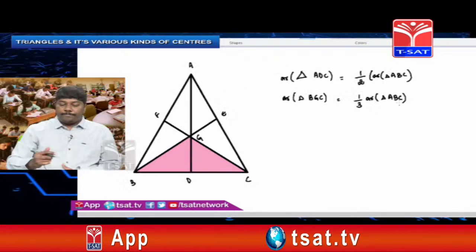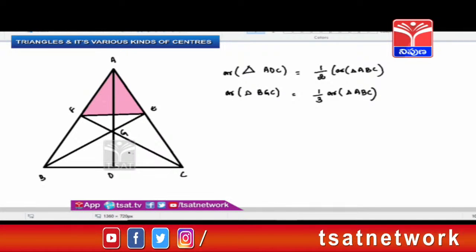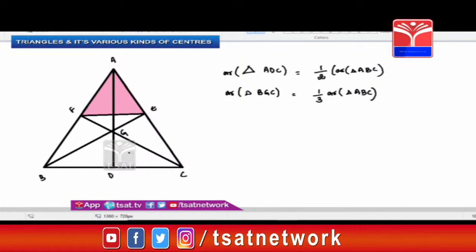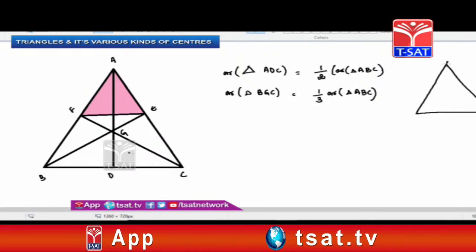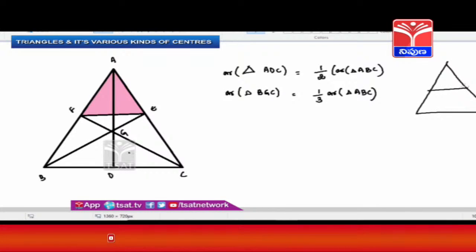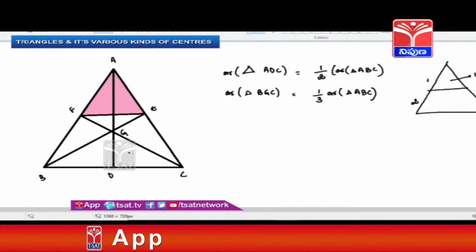Now take the triangle AFE. Now here E and F are midpoints, therefore triangle AFE. According to the midpoint theorem, we know the line joining two midpoints is half of the third side. Therefore, sides ratio is 1:2. Areas ratio will be, if it is 1, the entire triangle becomes 4.